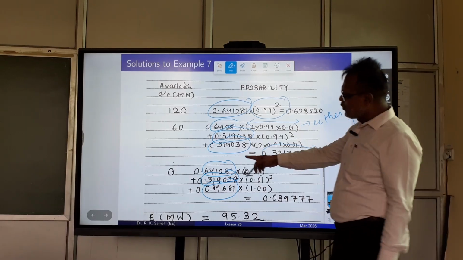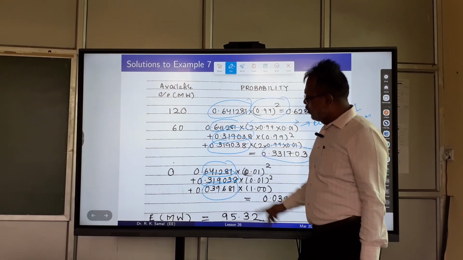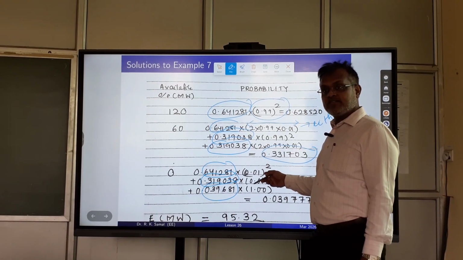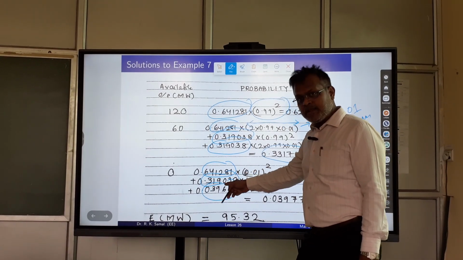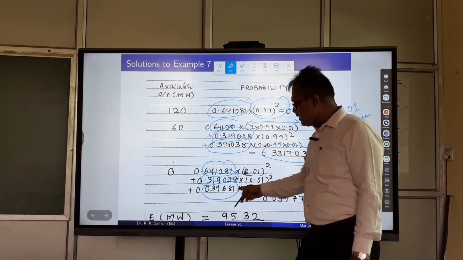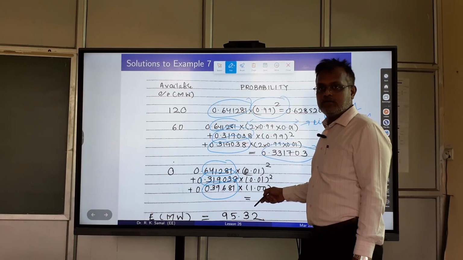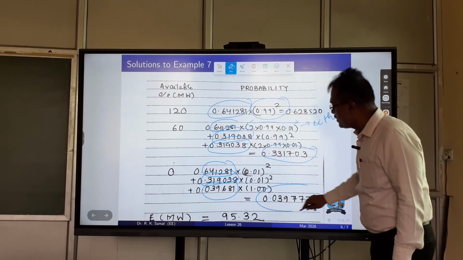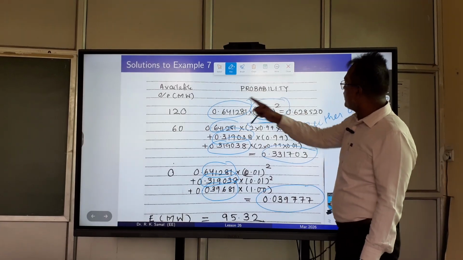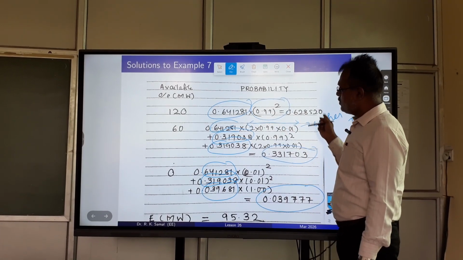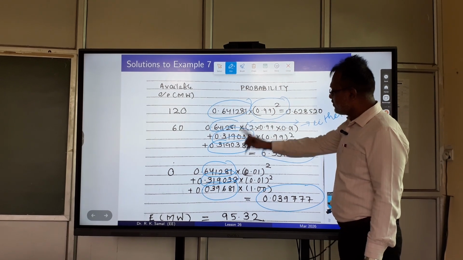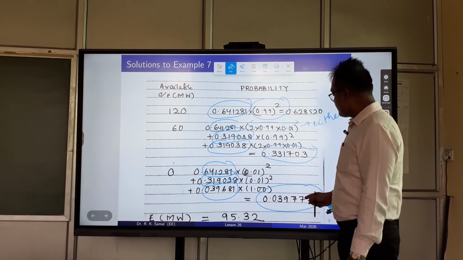And when there will be zero output: first case, 120 megawatt available but no transformer is available, 0.01 squared. 60 megawatt available, but no transformer is available. 0 megawatt available, but no transformer. And you will find the expected megawatt by multiplying 120 into 0.628520 plus 60 into 0.331703 plus 0 into 0.03977.